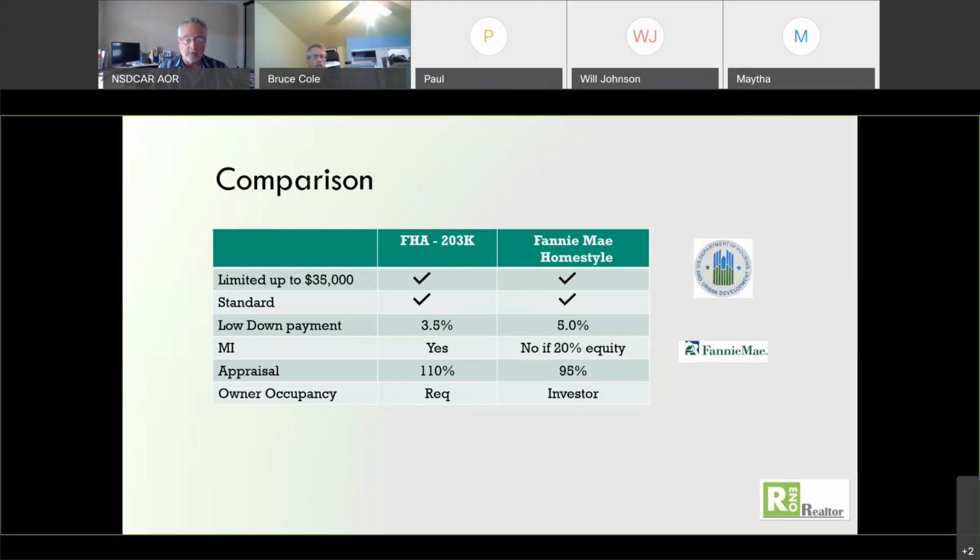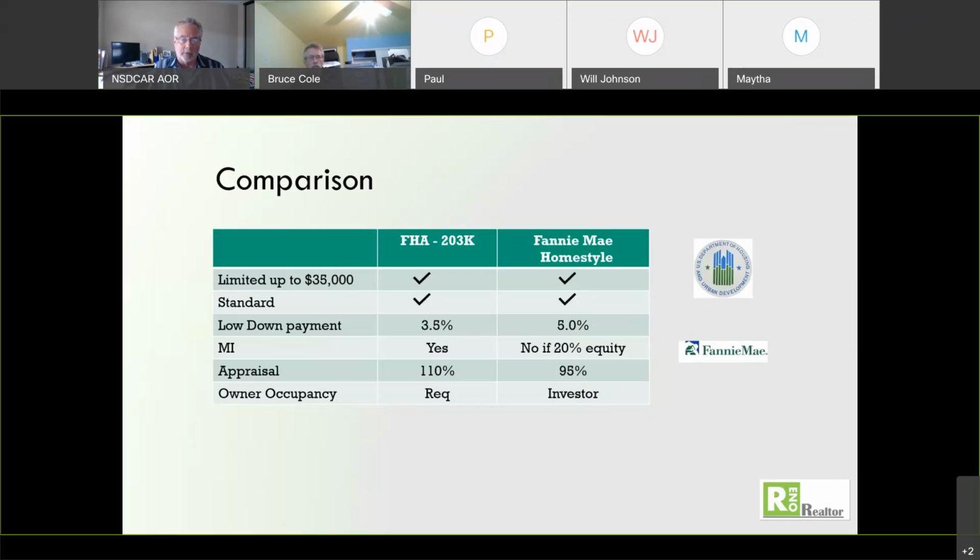One point to think about as you work through this is a lot of my clients do not see this as a loan that they're going to stay with. Some of them literally go into these loans, do the renovation, and then try to refinance as soon as they can qualify for it. One reason is they want to get rid of the mortgage insurance. There might also be a better interest rate at the time they're looking at refinancing. So that's not an uncommon strategy as they work through this process.